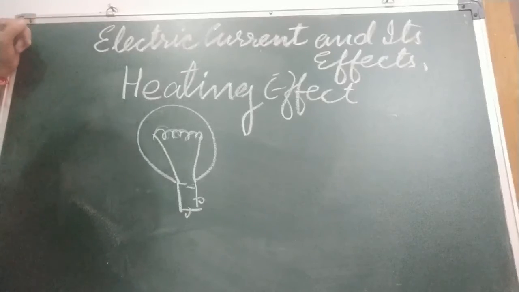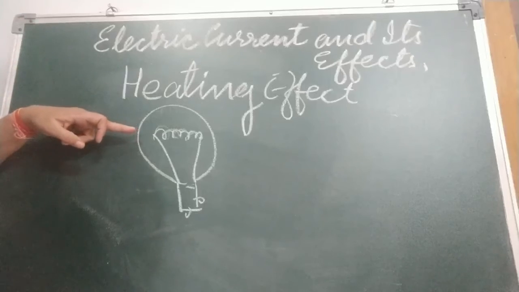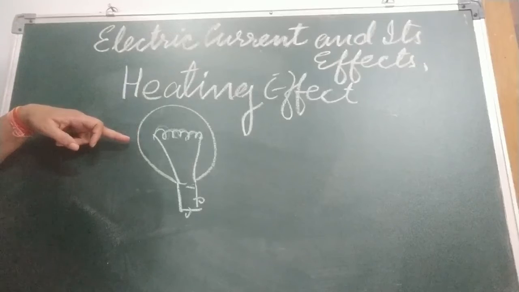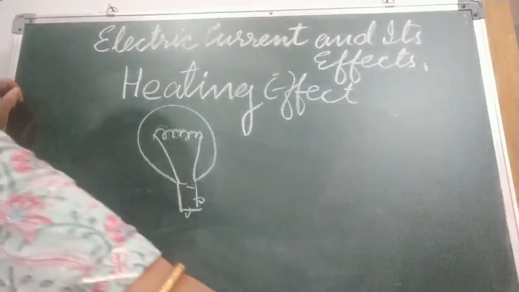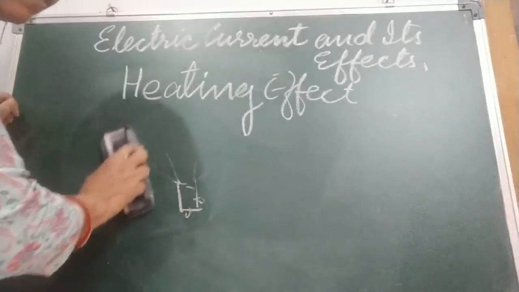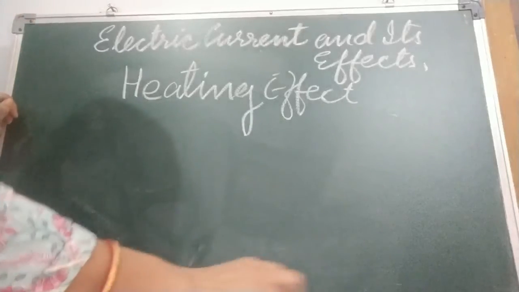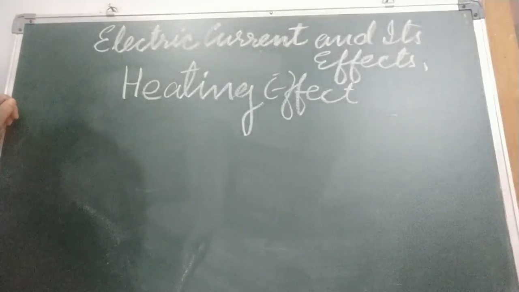What do we call this? Filament. When the bulb is switched on, the filament gets heated. This is due to the heating effect of electric current. Okay, electric press, same thing. Heater, same thing. Microwave electric oven, same thing. So in all devices you can see the heating effect of electric current.